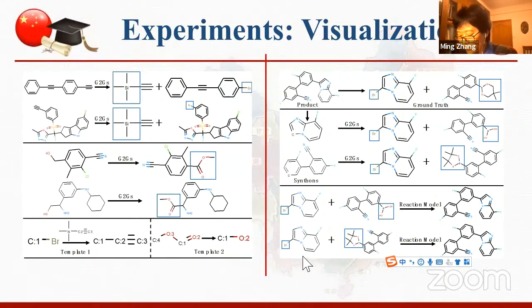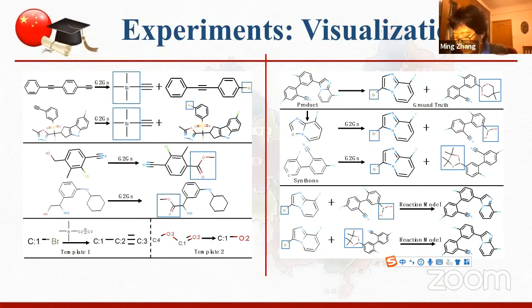The figure on the right represents a case where none of the predictions match the ground truth. However, this does not mean our model fails to predict a synthesis route for the target molecule, as a molecule can be synthesized in multiple ways.